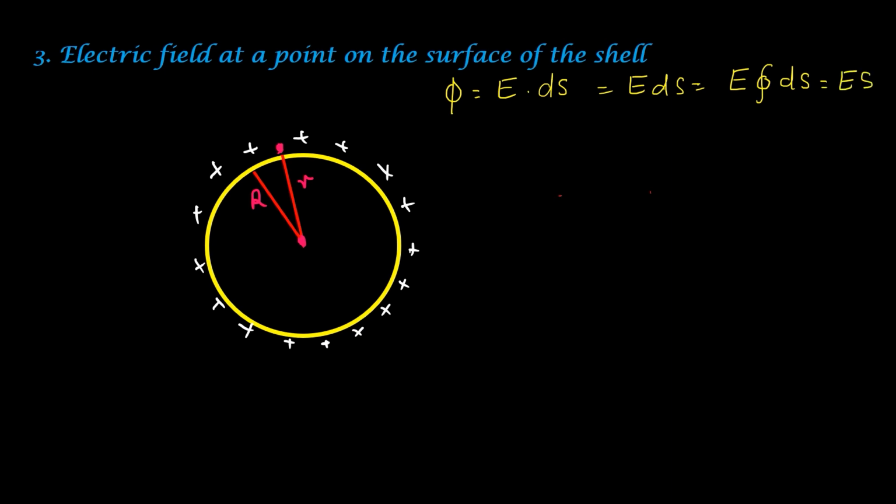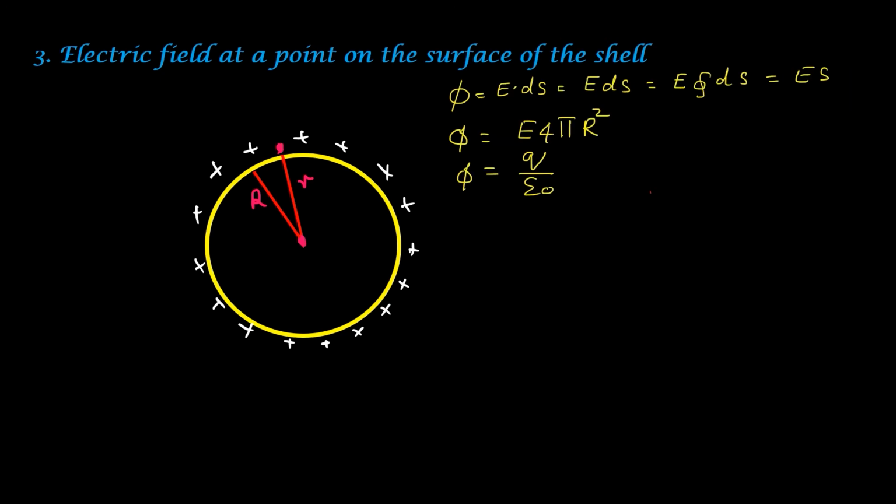So this becomes ES. Substituting for the whole surface, you get flux is equal to E 4 pi r square, because small r is equal to capital R. As per Gauss law, flux is equal to Q by epsilon naught. You have two equations here. We equate the right hand side. E 4 pi capital R square is equal to Q by epsilon naught.